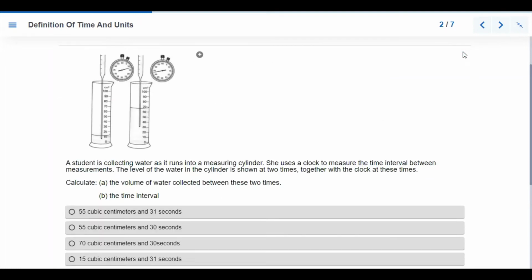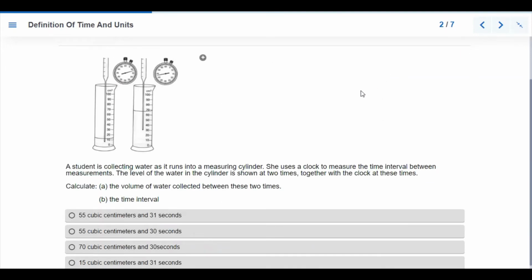With this in mind, then we can have our calculation. That is 70 centimeter cube minus 15 centimeter cube.